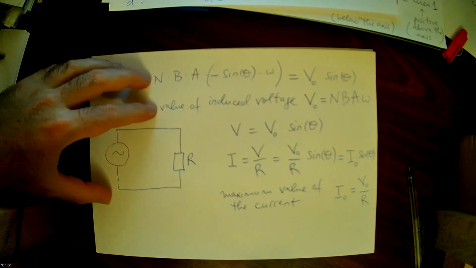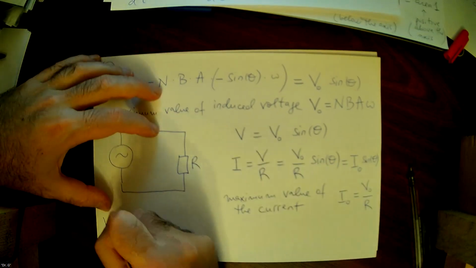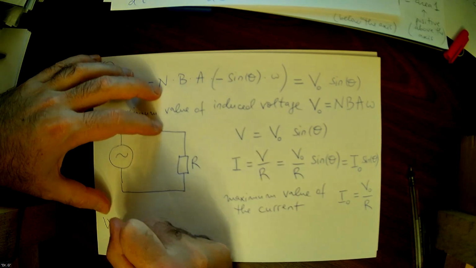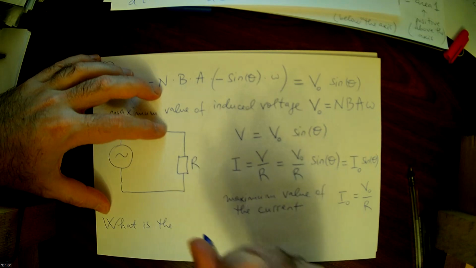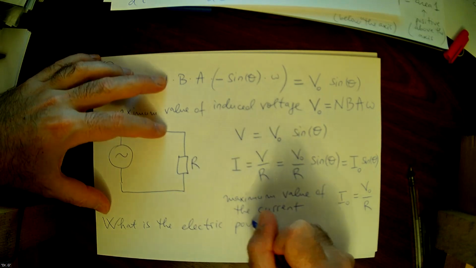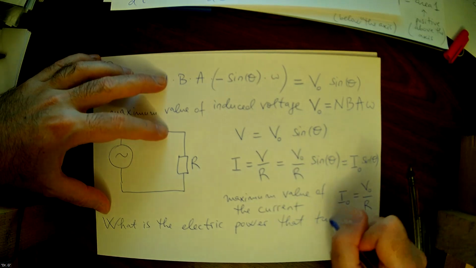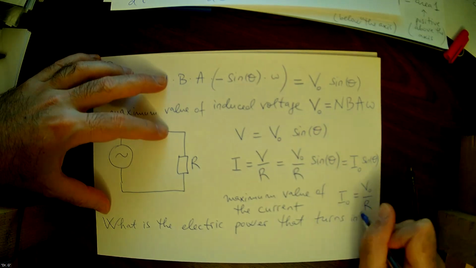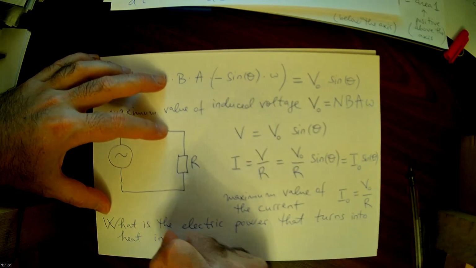what is the electric power that turns into heat in the resistor?